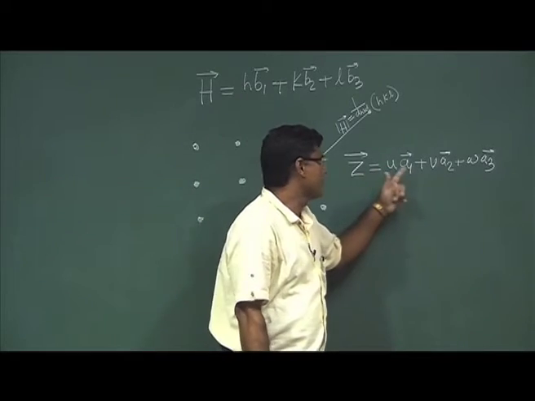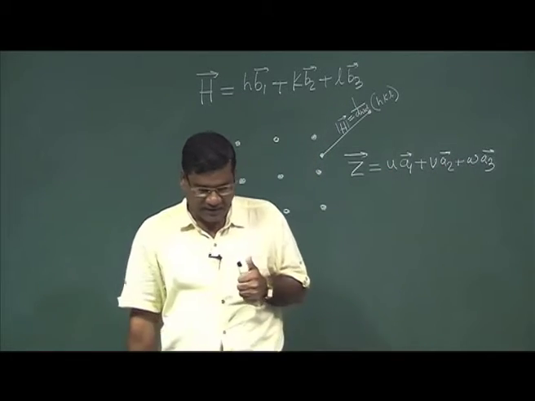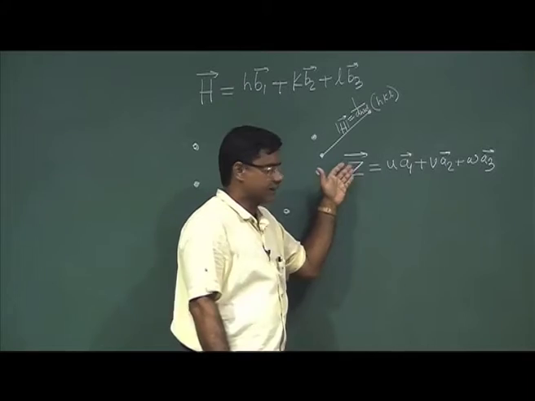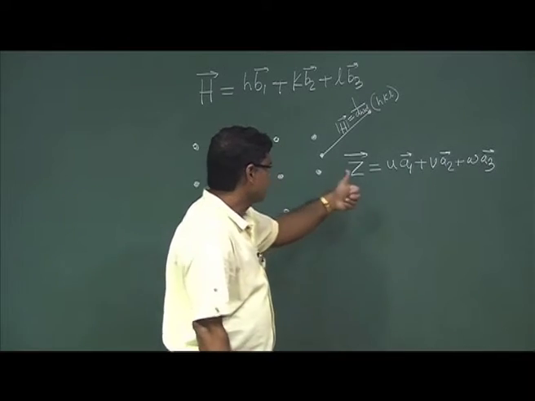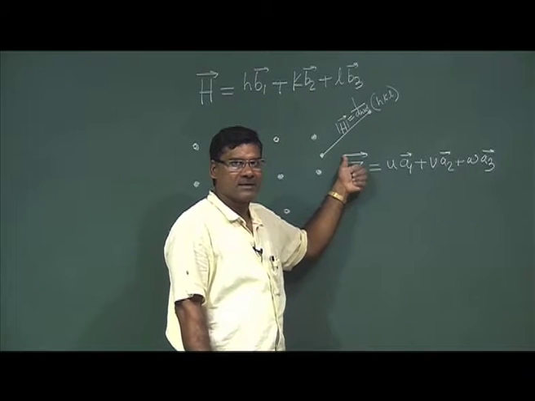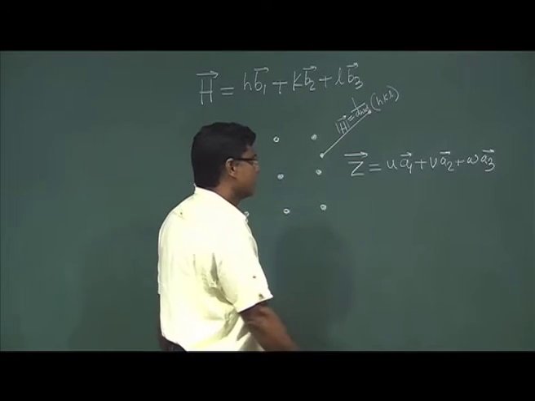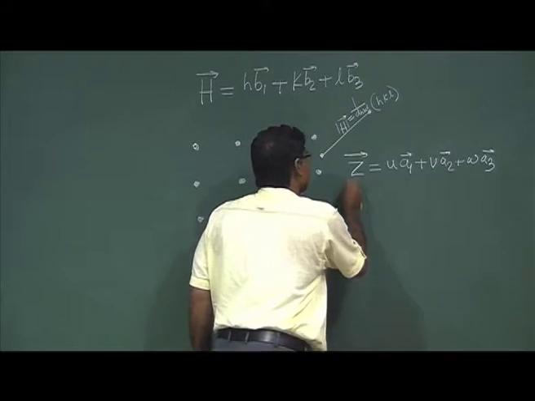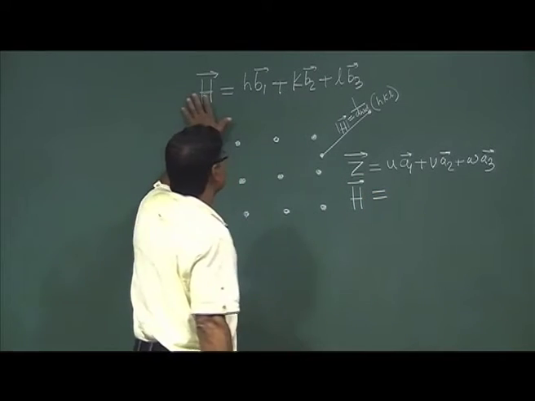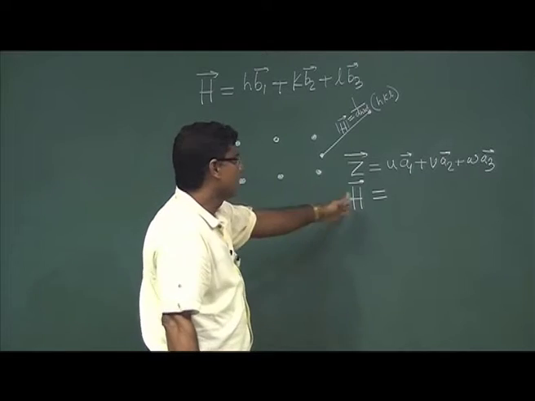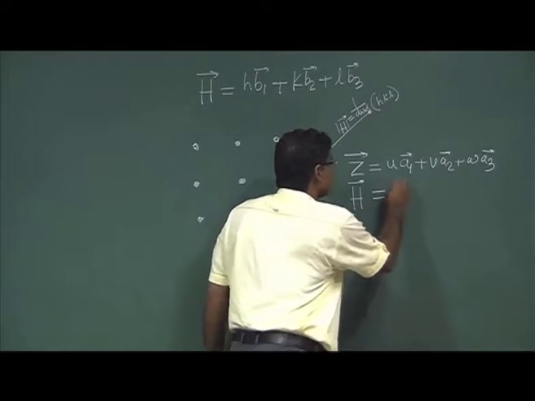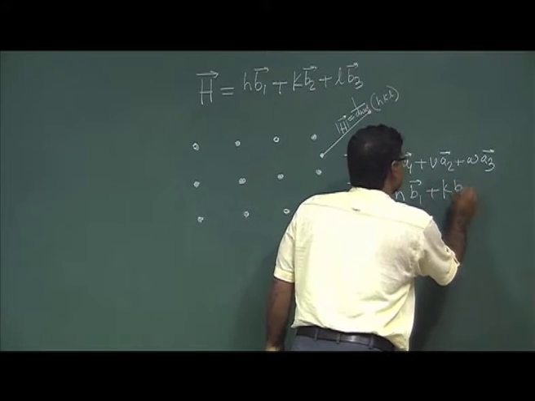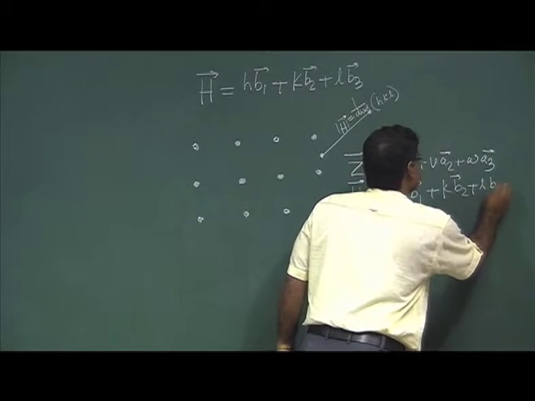So, UVW are the coordinates, and it represents the direction of the zone axis, right. And the normal to the plane I can represent with this one, which I already know represents the normal to the HKL plane: h b1 plus k b2 plus l b3, right.